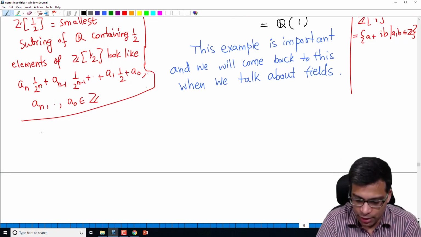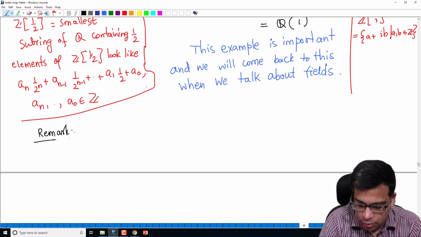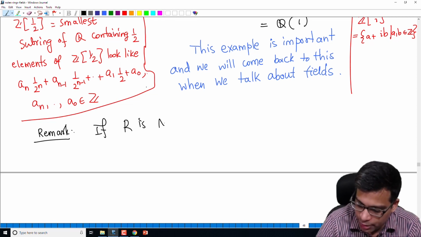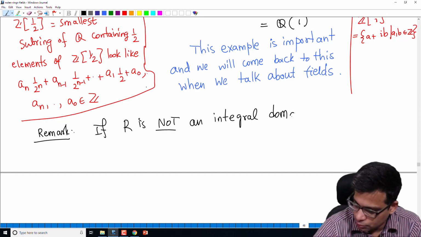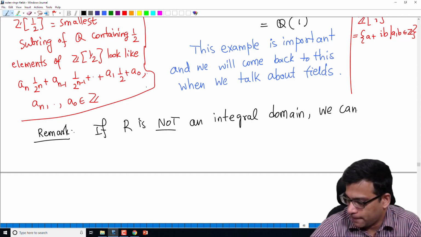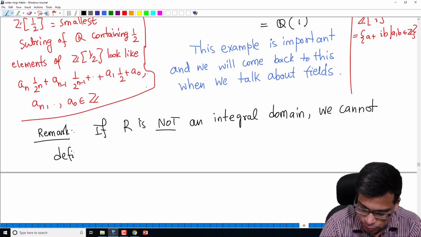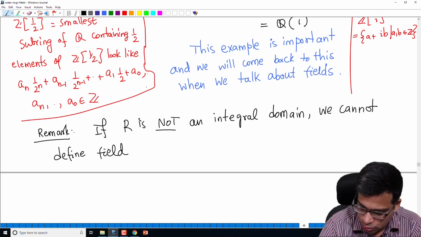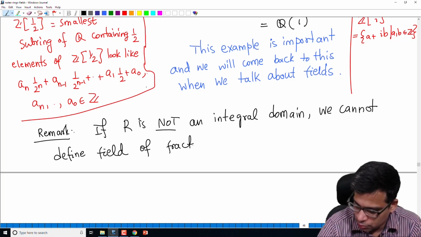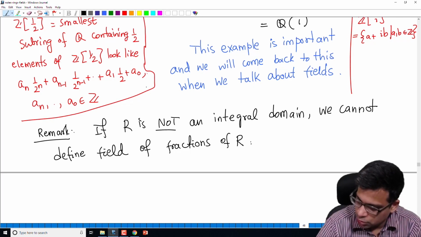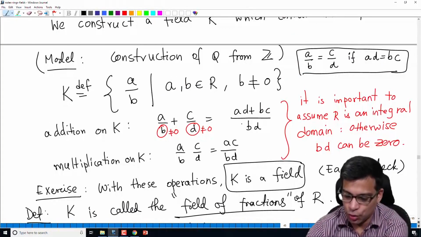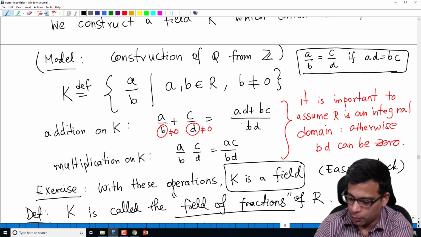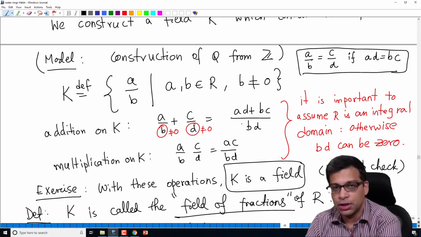And one final comment I want to make is that if R is not an integral domain, we cannot define the field of fractions of R. Of course the definition that I gave earlier, where I define all ratios or fractions and add them or multiply them in this fashion, clearly will not work, because the product of two non-zero elements in a non-integral domain can be 0.